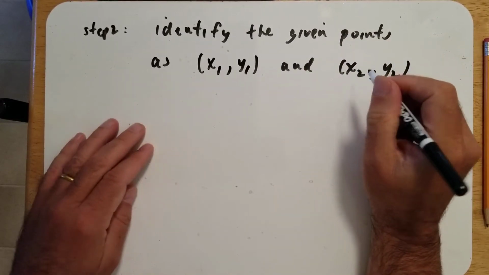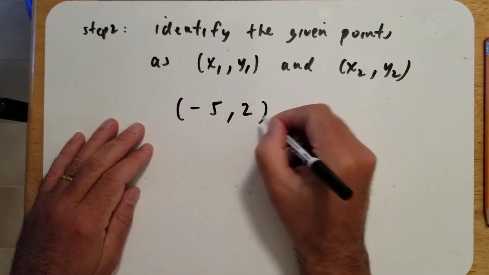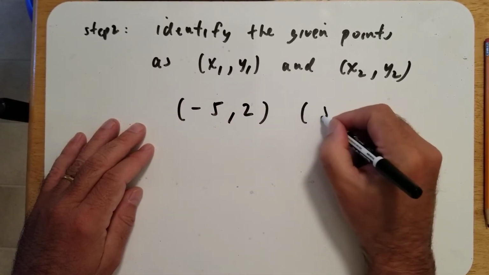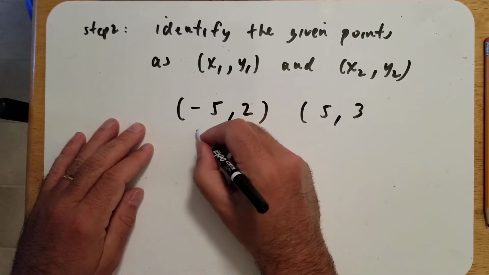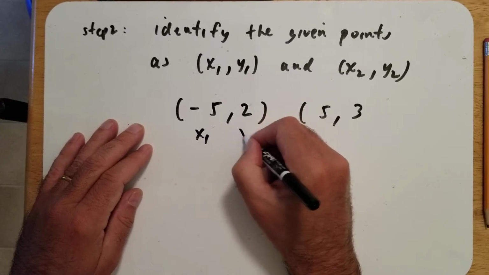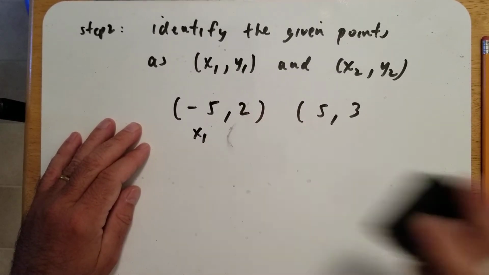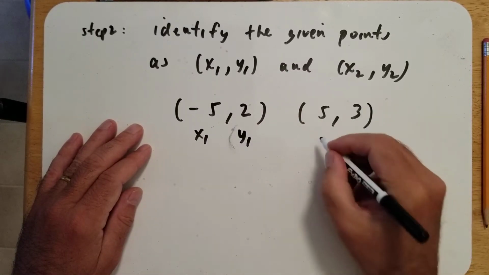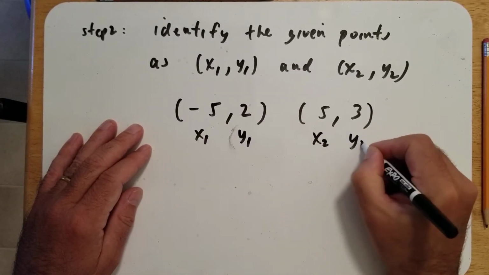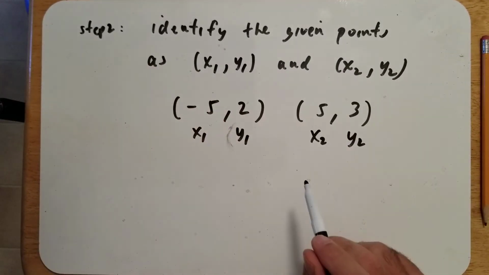So in this example, the given points were negative 5, 2, and 5, 3. So the first point is x1, y1, and then the second point will be x2, y2. So I have x1, y1, x2, y2, and I have the slope formula.